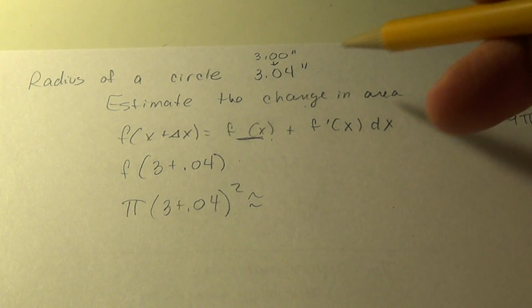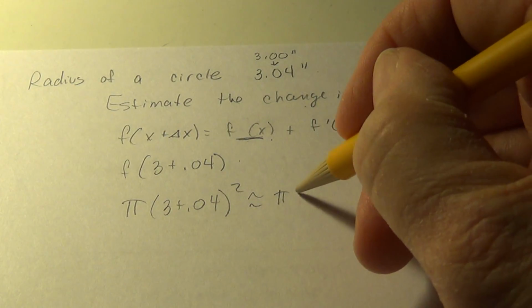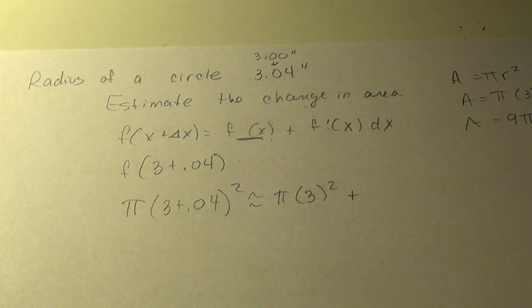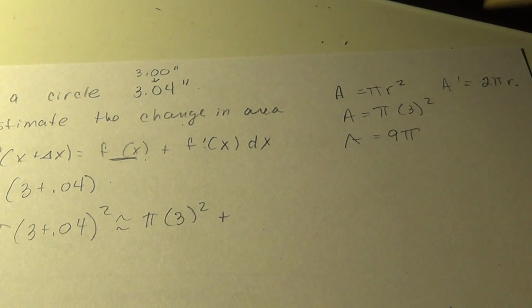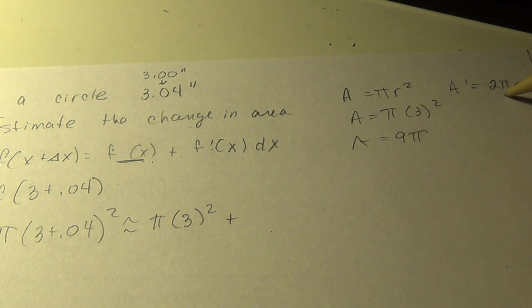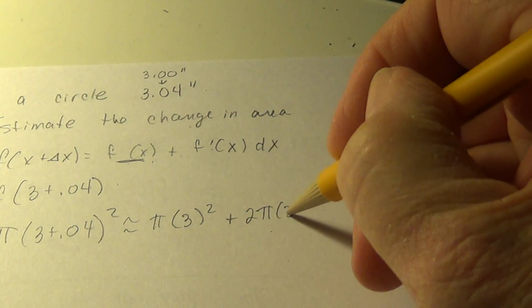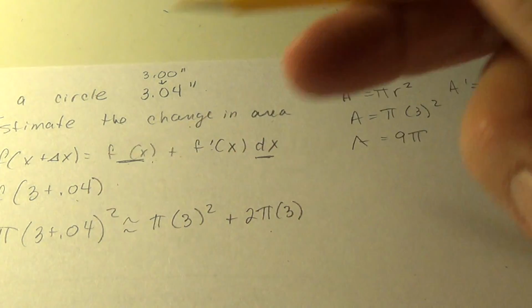So our function is pi r squared, and I'm going to put in the 3. That's my f of x. Plus the derivative of the function evaluated at 3. So we have 2 pi r is the derivative. So I'm going to put 2 pi times 3 times dx, and that's the change, 0.04.